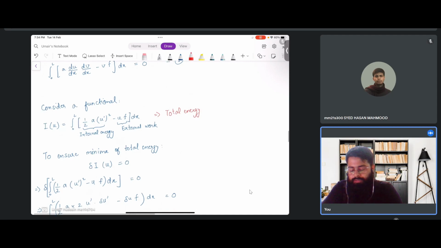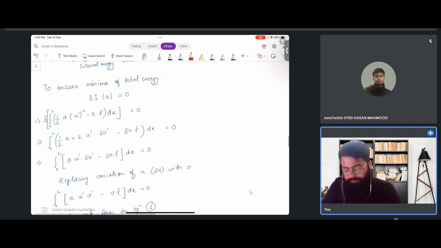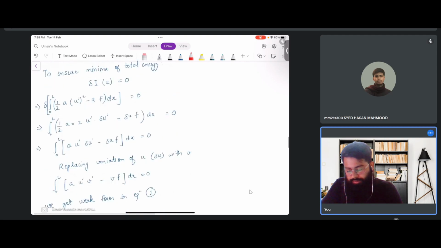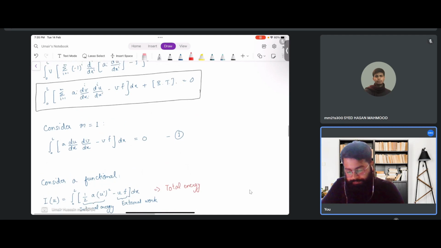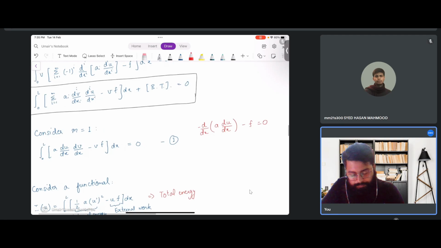To minimize this total energy, we take the variational derivative of this I, and if we solve, we go to the weak form. Right? So basically, we know that the strong form, I'll write it here. You already know that the strong form is equivalent to the weak form.